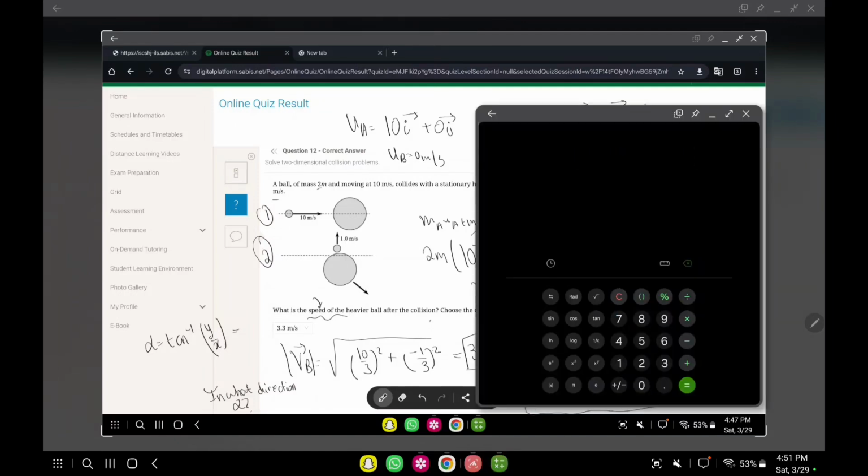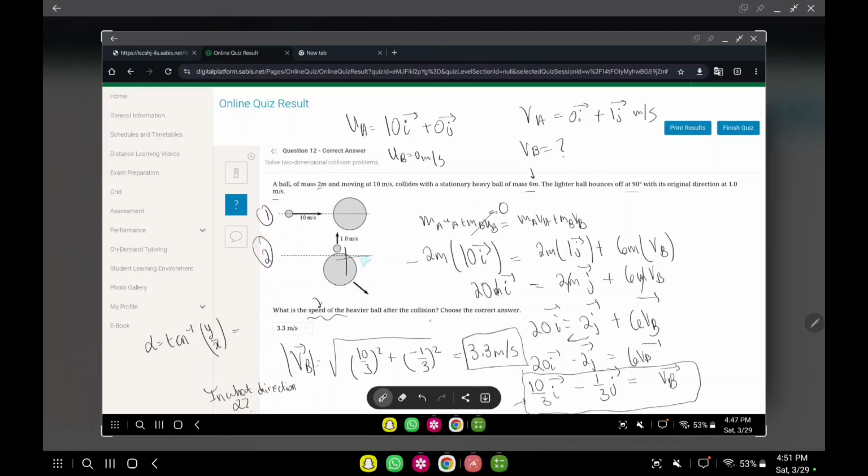So you do shift tan of y over x, so minus 1 divided by 3.33333. This is negative. You get, this is your angle, negative 5.7 degrees. As you can see, it's making that angle if you were to draw it over here. It's a very small angle, 5.7 degrees.